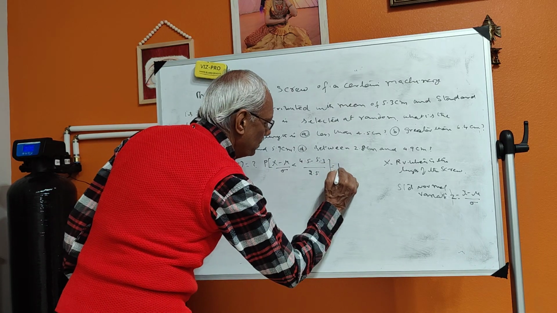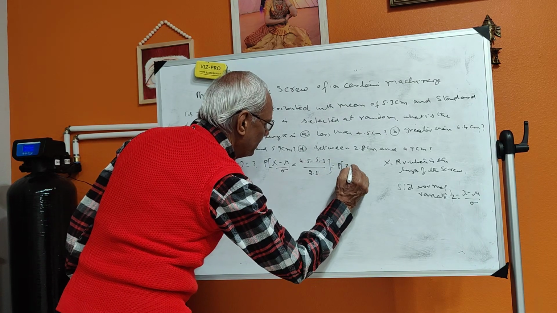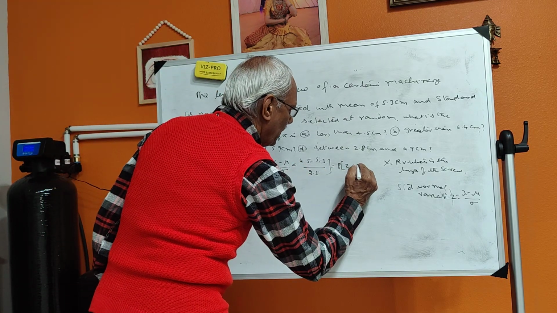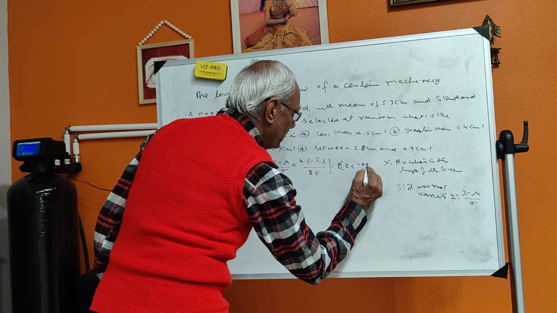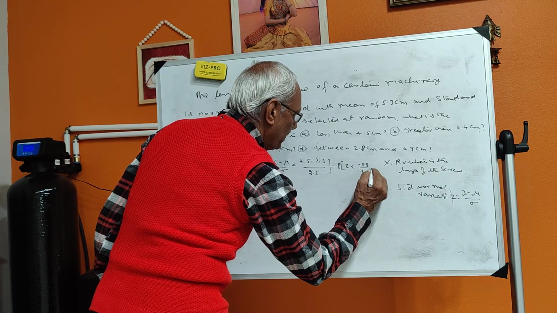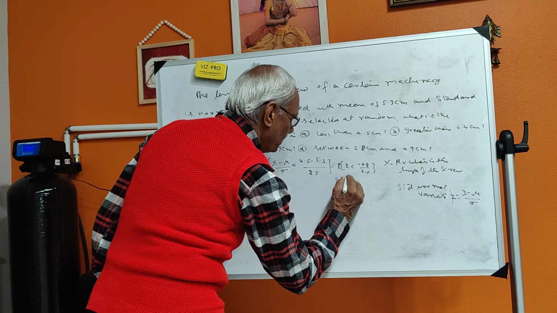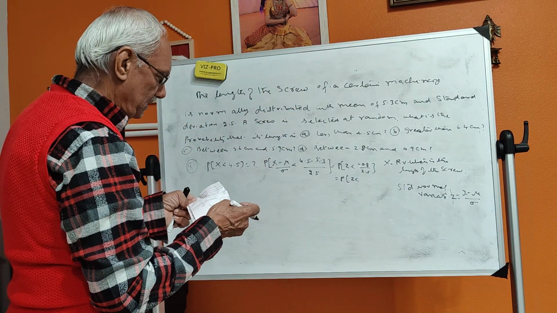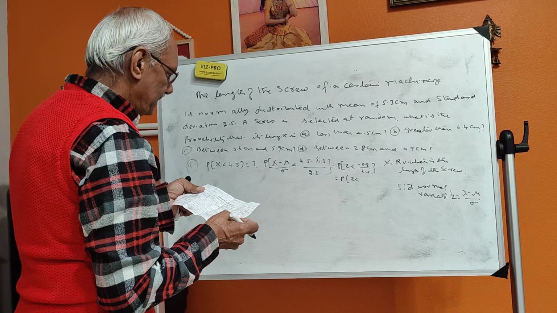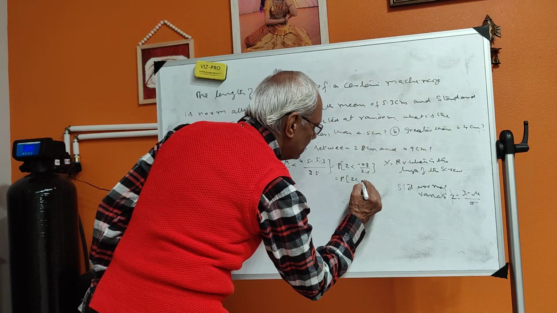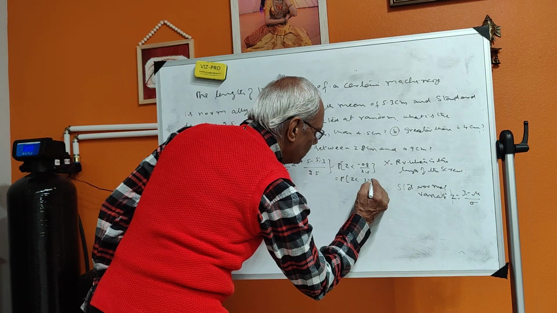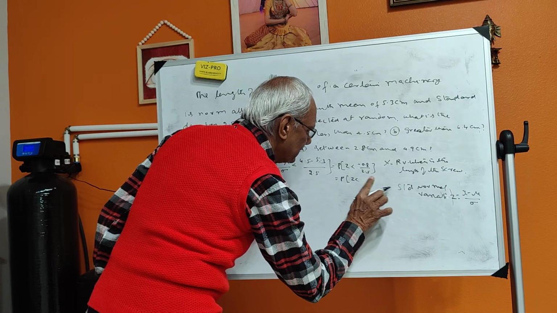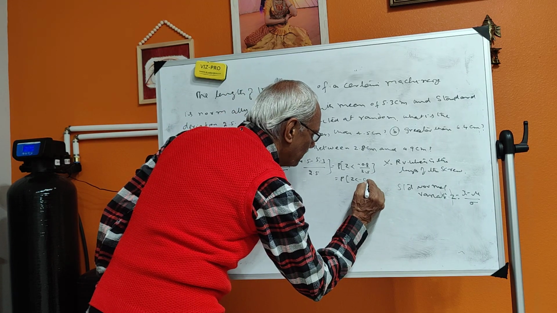So this is equal to P of Z less than minus 0.8 divided by 2.5. This is equal to P of Z, if you simplify, less than minus 0.32.